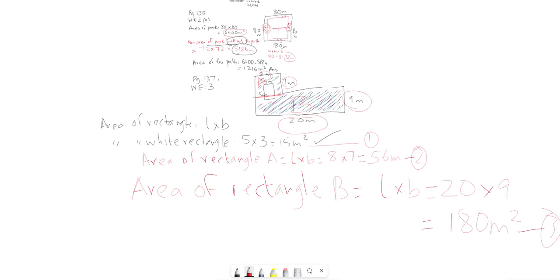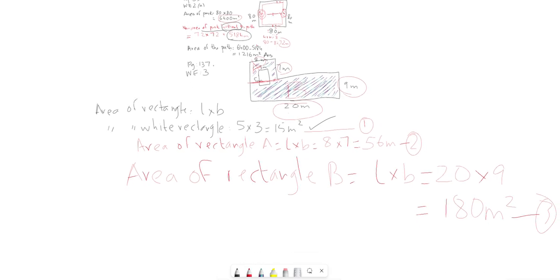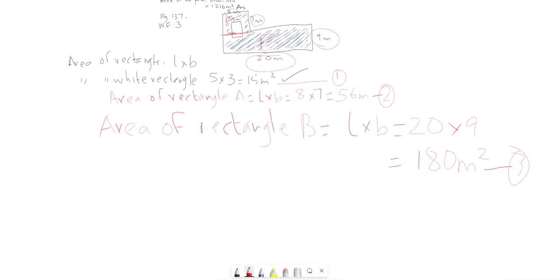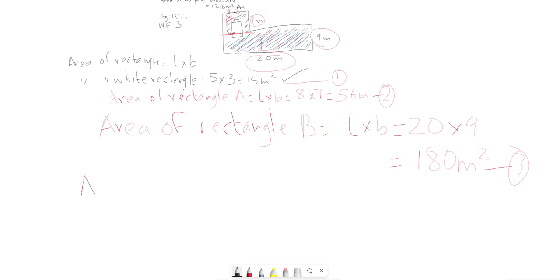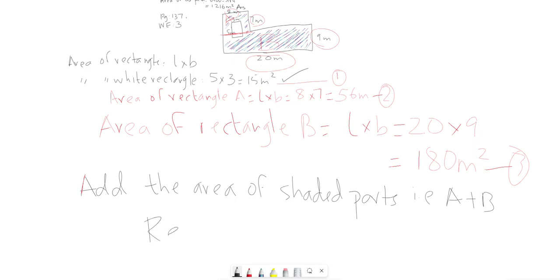All right. So as the final answer, because we need to find the area of the shaded part only, we are first going to add the areas of the shaded parts, that is A plus B. So rectangle A plus B is equal to 56 plus 180, equals to what?